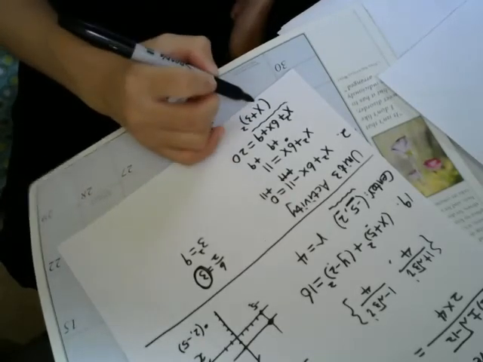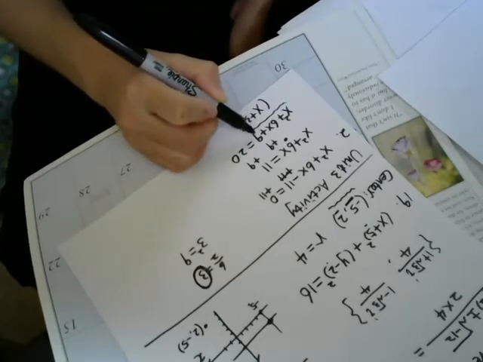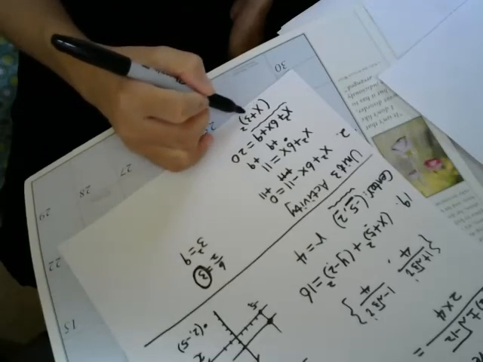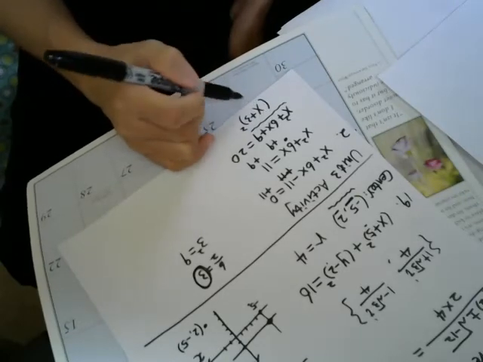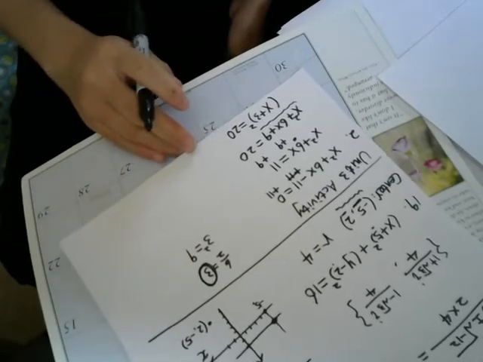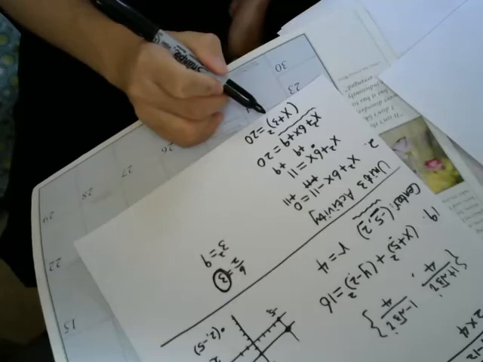If you want to double check, x squared is this term, 3 squared is this 9. You also need to add twice the product of these two: 3 times x, twice of it is 6x, equals 20.